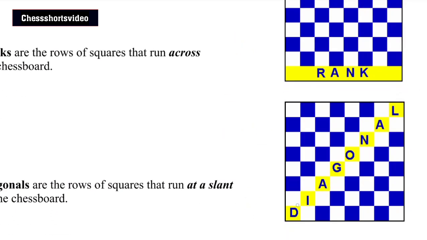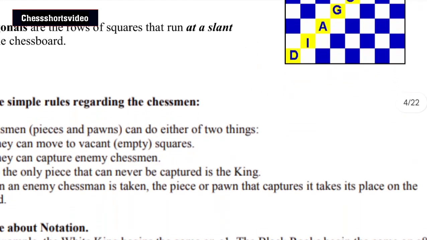Diagonal means a slanted line. If you draw from A1 to H8, this line is called a diagonal, and all the blocks that the line covers are called diagonals. Okay.